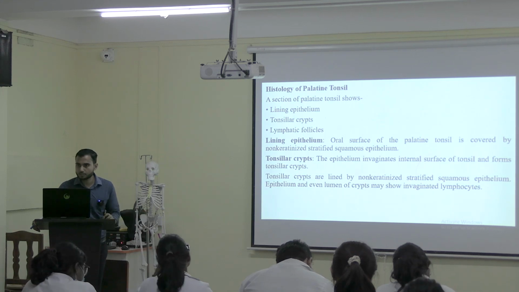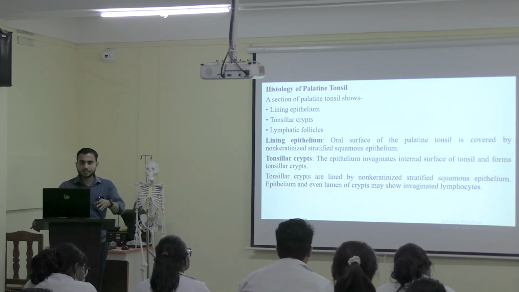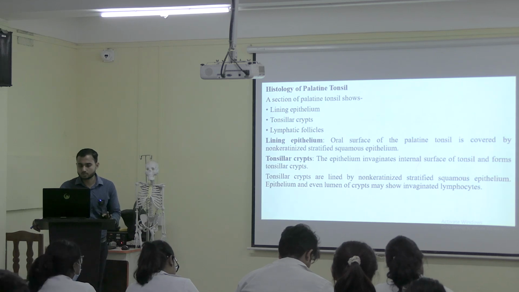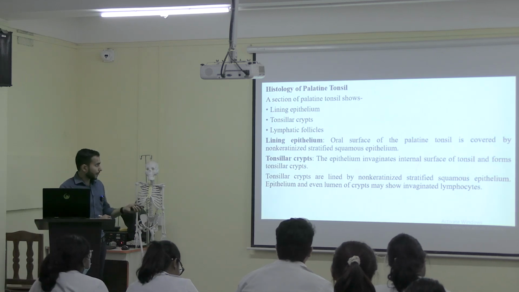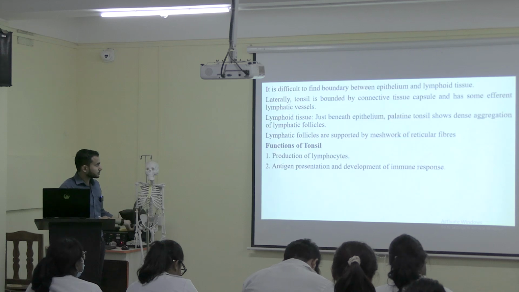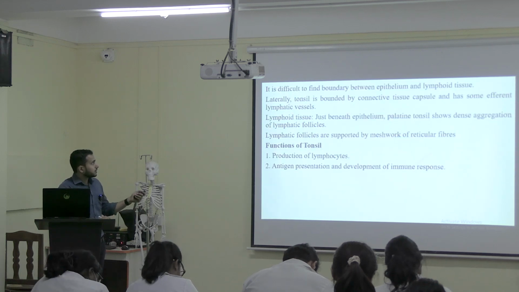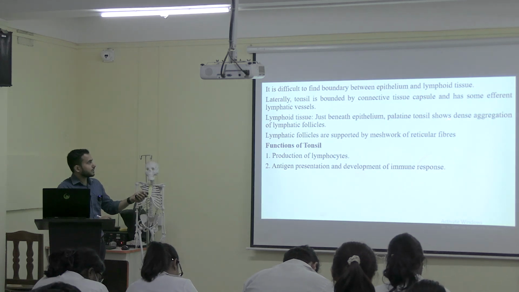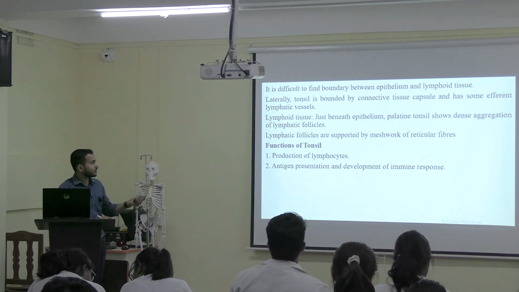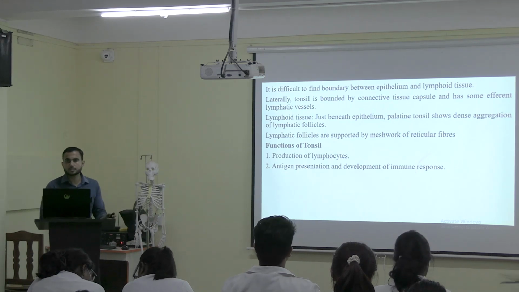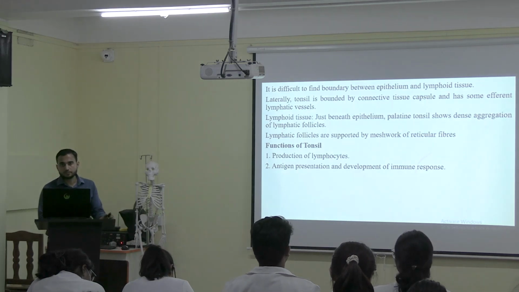Similarly, here also crypts are present, and the crypts have the same lining epithelium present. Next, the lymphoid tissue just beneath the epithelium: the palatine tonsil shows dense aggregation of lymphatic follicles, and those lymphatic follicles are supported by reticular fibers.